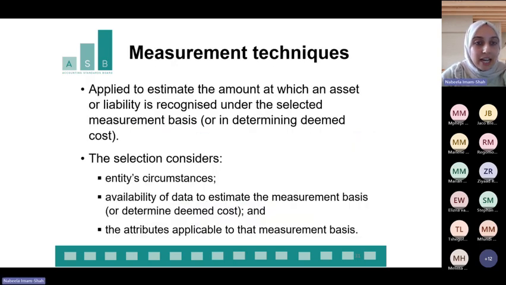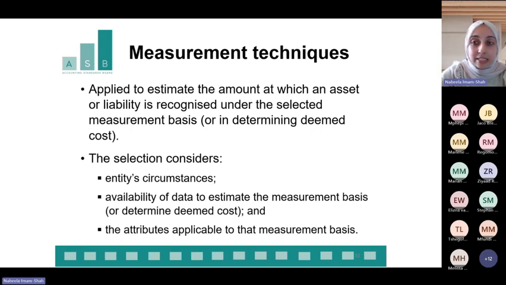Measurement techniques are applied to estimate the amount at which an asset or liability is recognized under the selected measurement basis. Now, this selection considers an entity's circumstances, the availability of data or information to estimate the measurement basis, and the attributes applicable to that measurement basis.